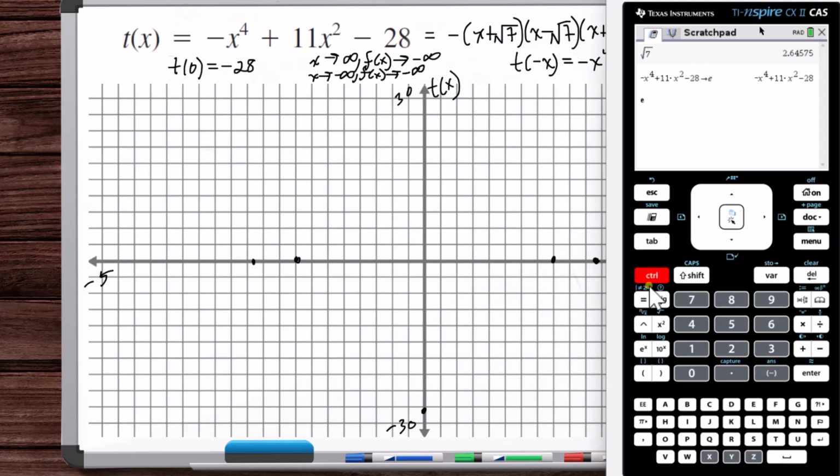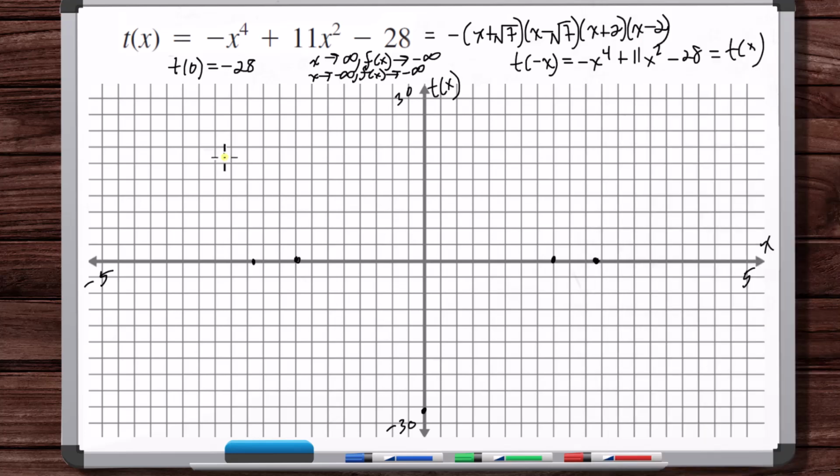Okay, now evaluate with x equal to, let's just say 2.25, 2.06. So t of 2.25 is approximately 2.06. So here is 2 1/4. So we go about right there.